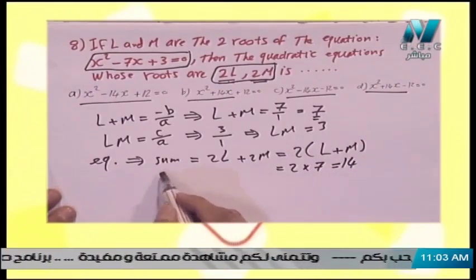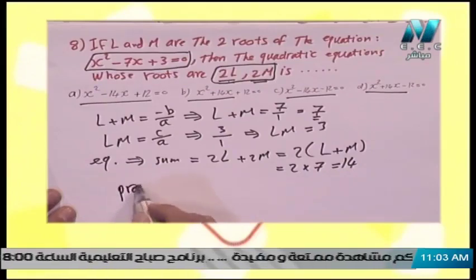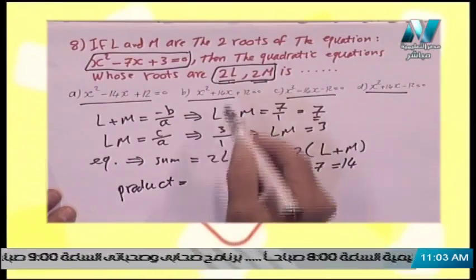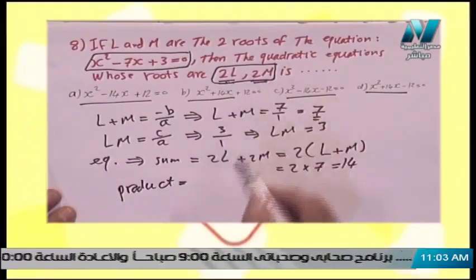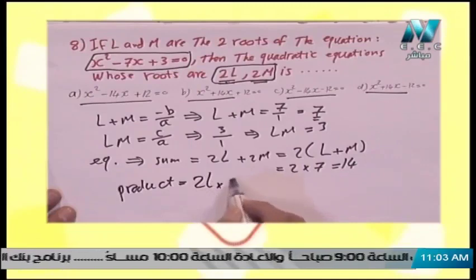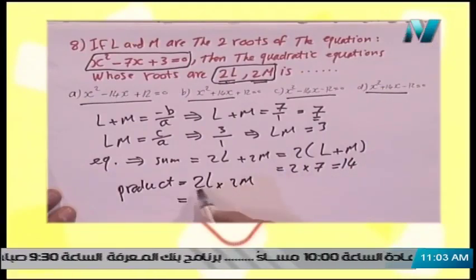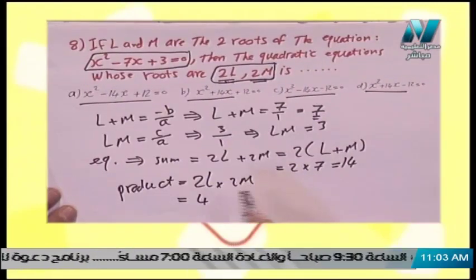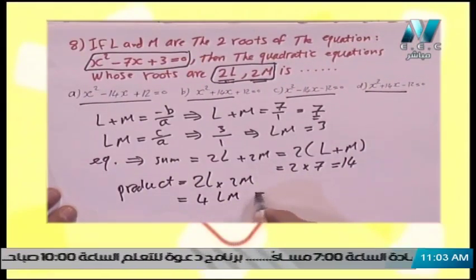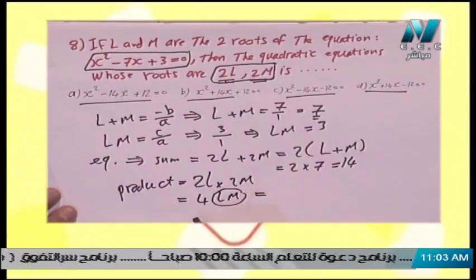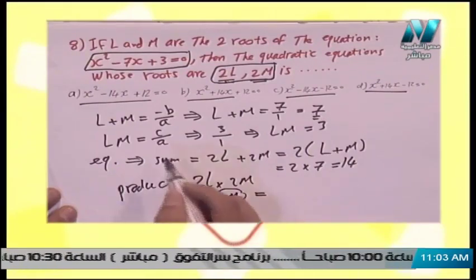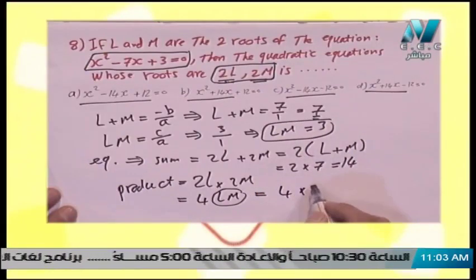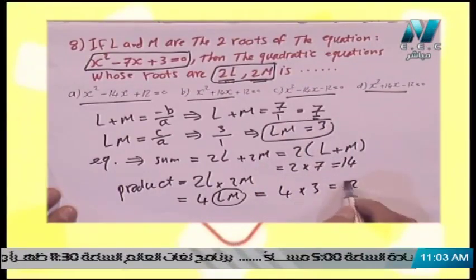And we have to find out the product of the new equation. The product equals 2L multiplied by 2M. So 2 multiplied by 2 equals 4. L multiplied by M equals LM, and by substituting LM by 3, 4 multiplied by 3 equals 12.